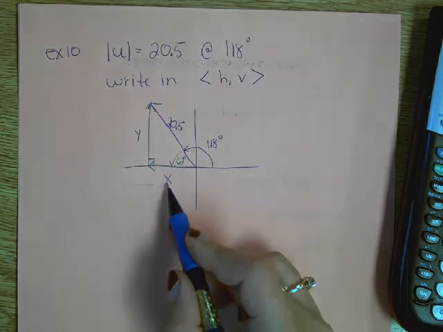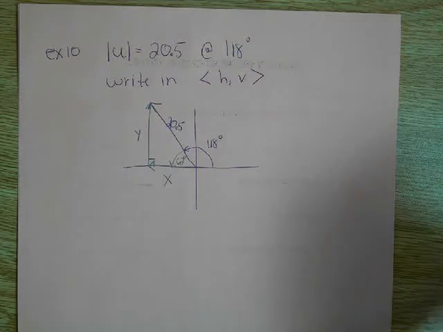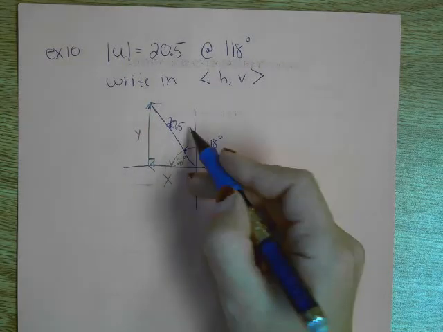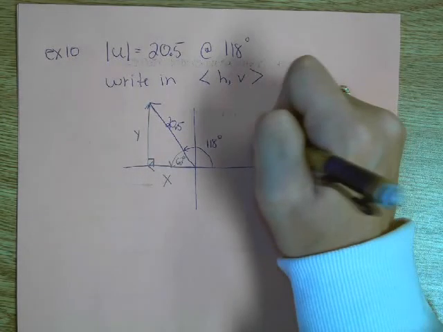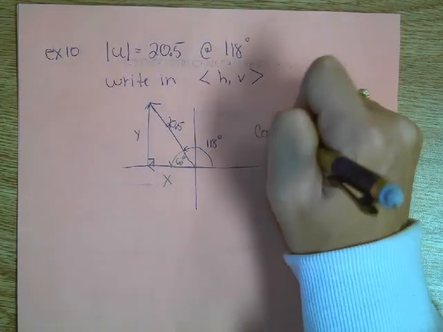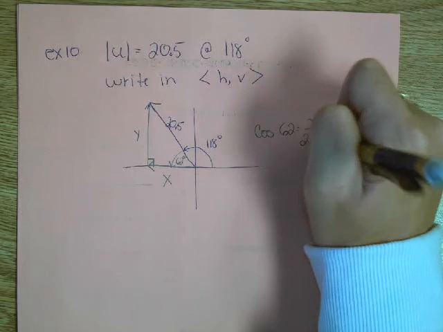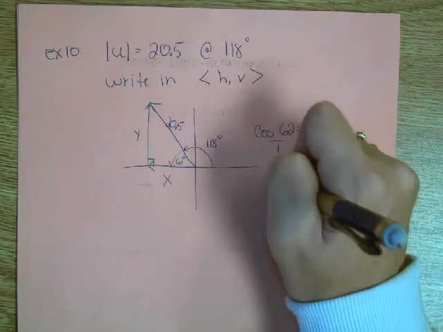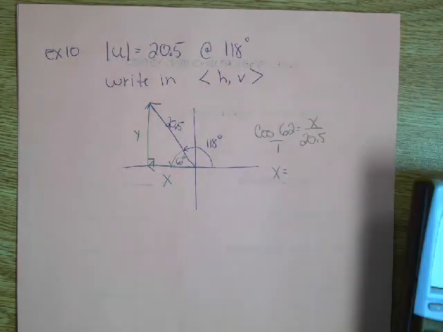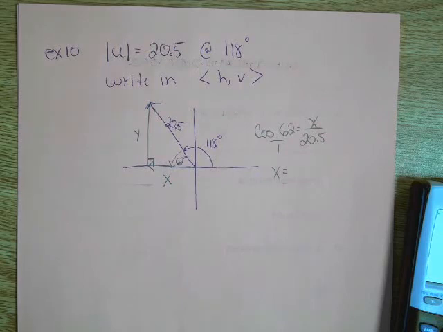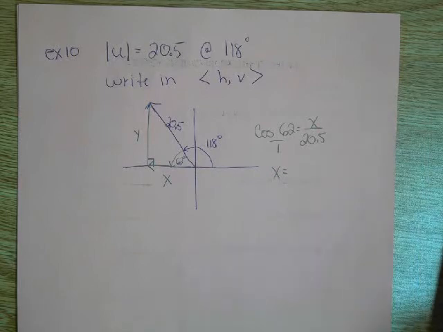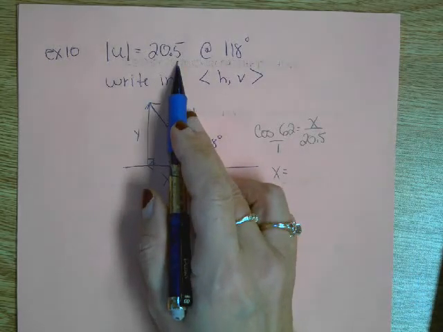Say I want to find the horizontal one first. So that will be adjacent and hypotenuse. That's cosine. Cosine 62 times the 20.5, 9.6 if I match the place value here.